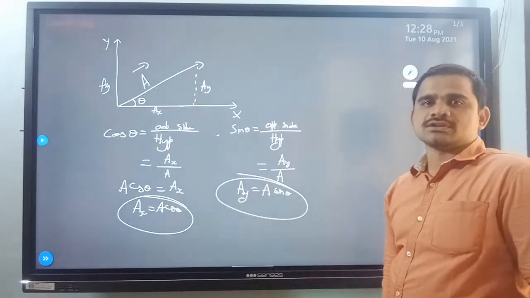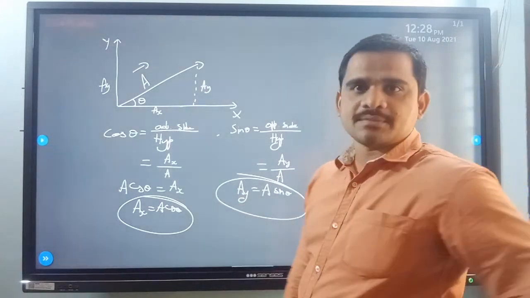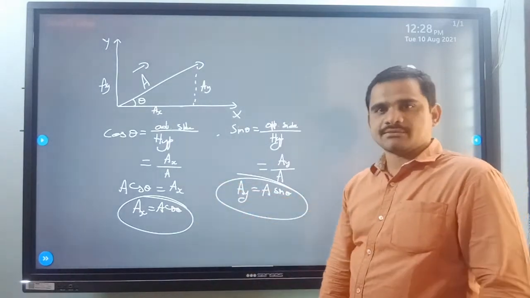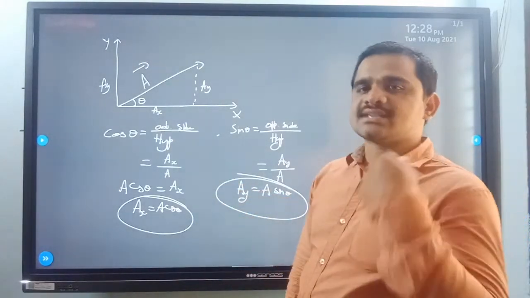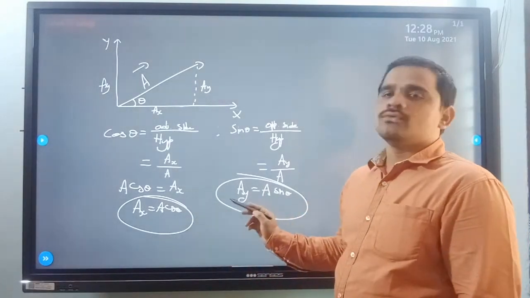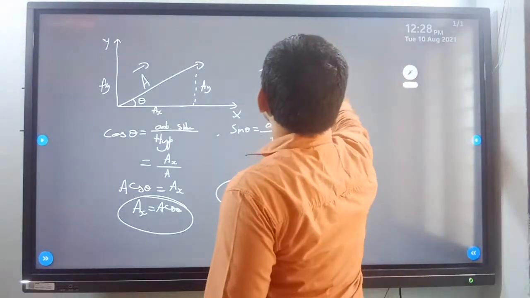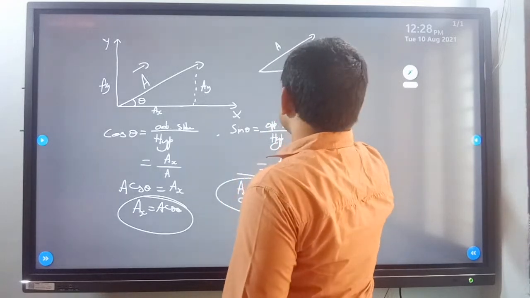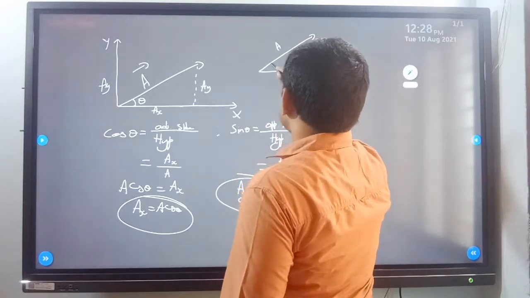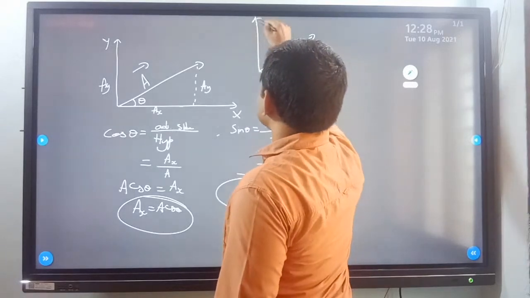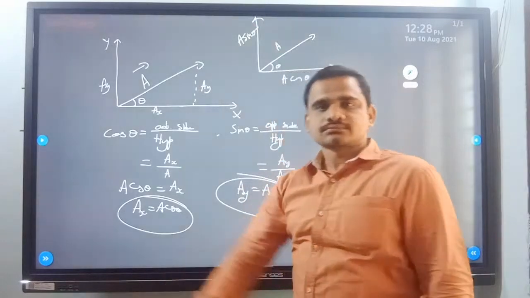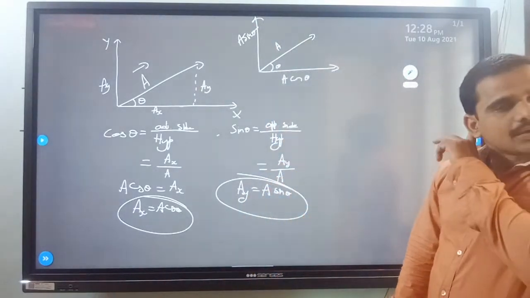Ax is along the x-axis and Ay is along the y-axis. If I find a vector like this anywhere, I can write this one as A cos theta, where this angle is theta, and this one as A sin theta. Got it here?